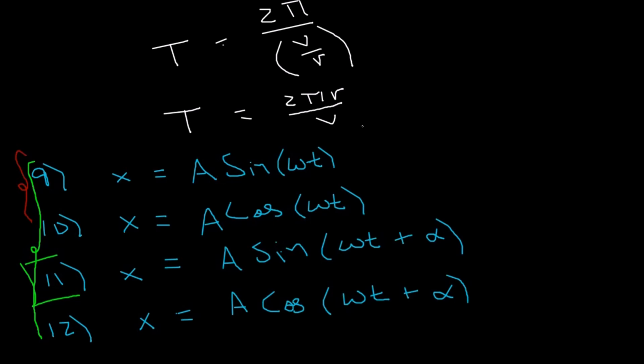This equation is used when a particle is coming from the center. So I'll draw the line again. You have the line. In the middle, you have the equilibrium. I'll call this end of the amplitude A, and I'll call this end of the amplitude B. So let's say you have a compressed spring.